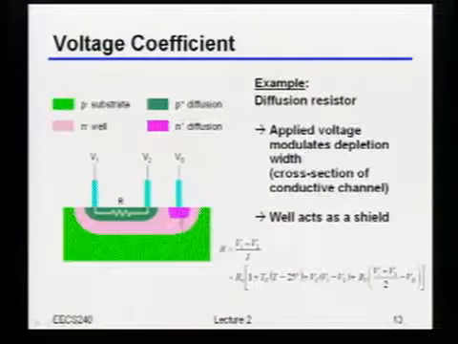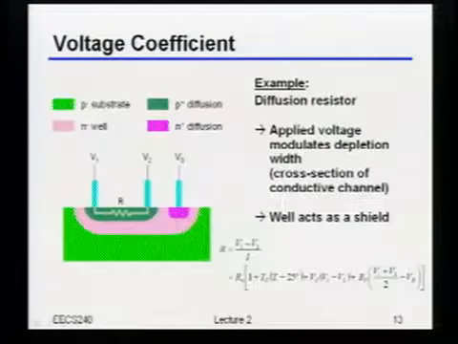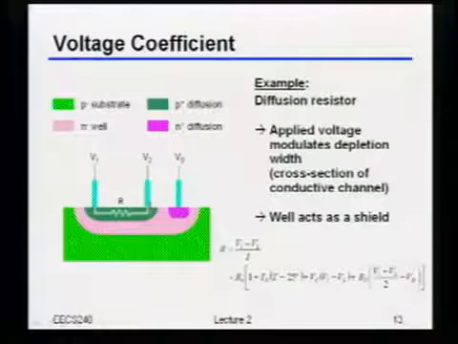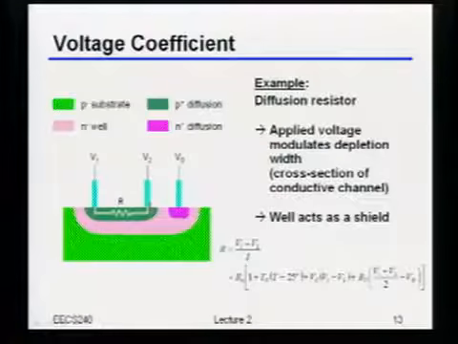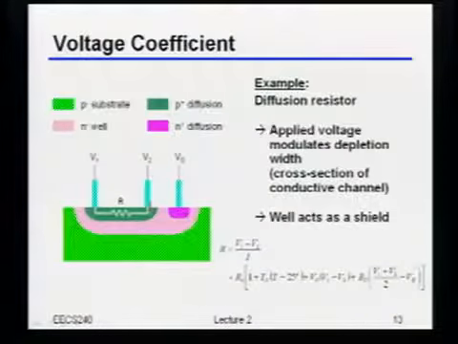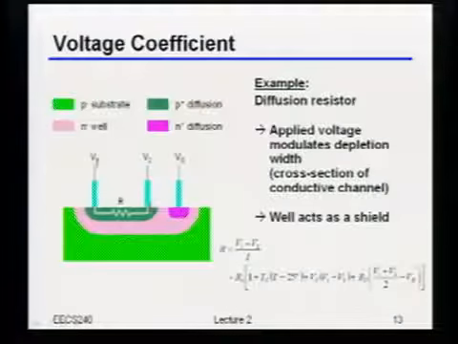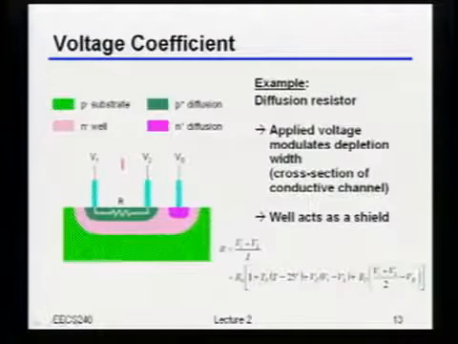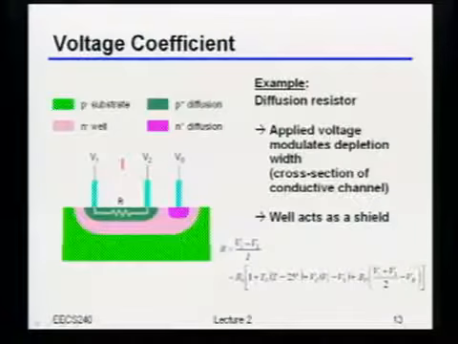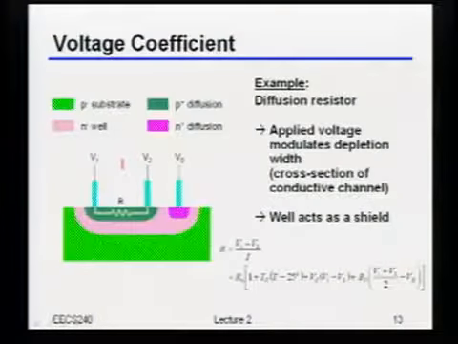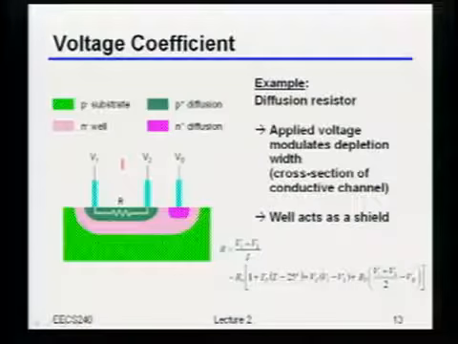It's actually that I put an N-well, and then I put the P diffusion inside of it, and I'm using that as the resistance. Okay? But the bottom line is, just like we had said before, if I move the voltage across that resistor, that's going to change the depletion region profile, right? And because of that, that's going to change the resistance you get.